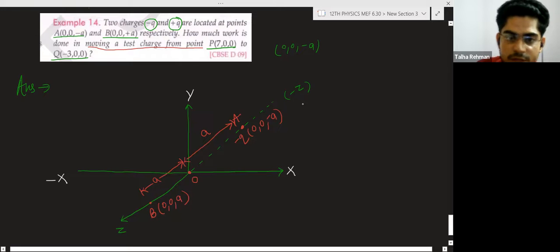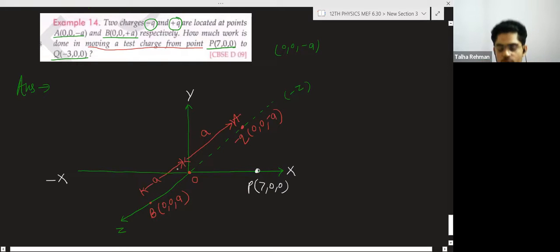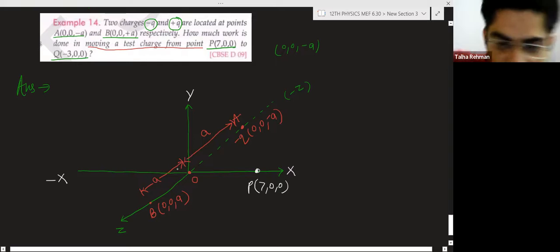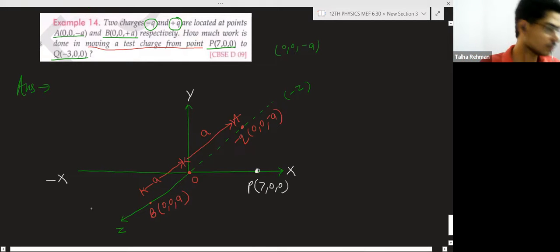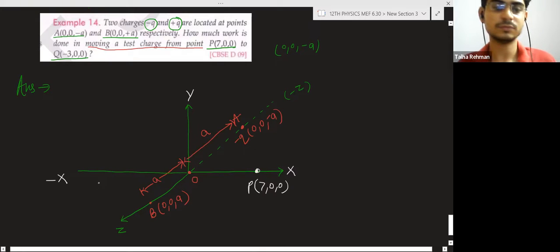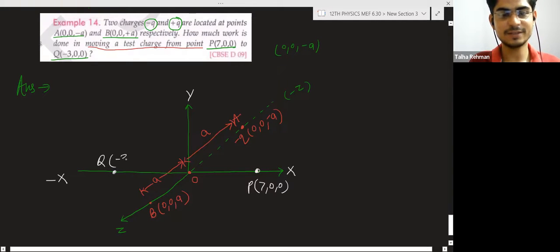This is negative z-axis. So this point P will lie here on the x-axis, at 7, 0, 0, and this point Q will lie on the negative x-axis, at minus 3, 0, 0.